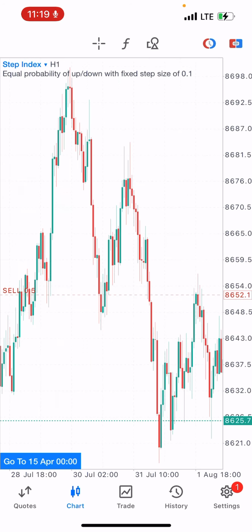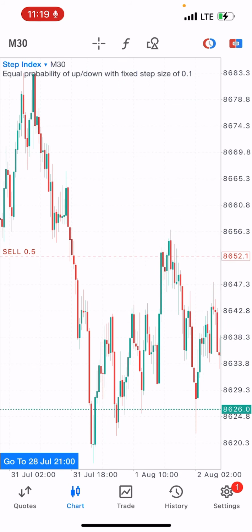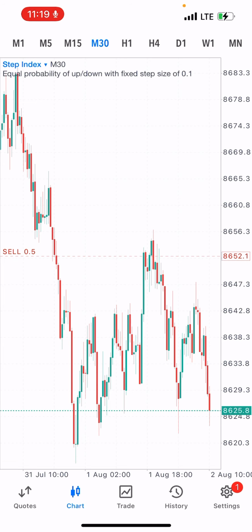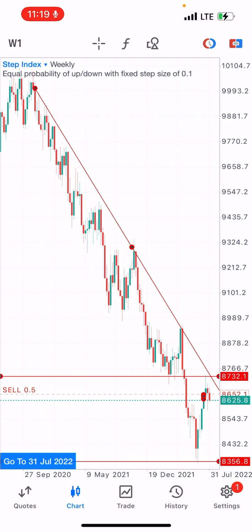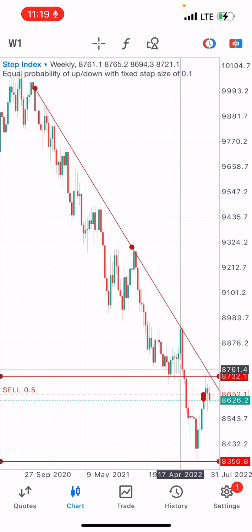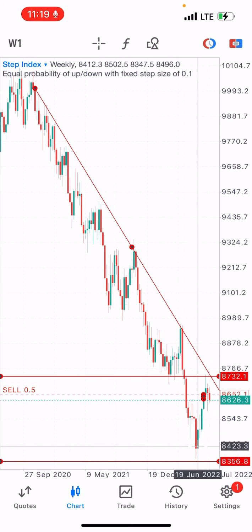So we have concluded that Stepindex is going to go short. We have gotten really nice confirmations from this analysis that Stepindex is going to move to the downside. Since we saw this on a weekly time frame, guys, it's very convincing. Check it out, very convincing. Stepindex to sell at least to this.